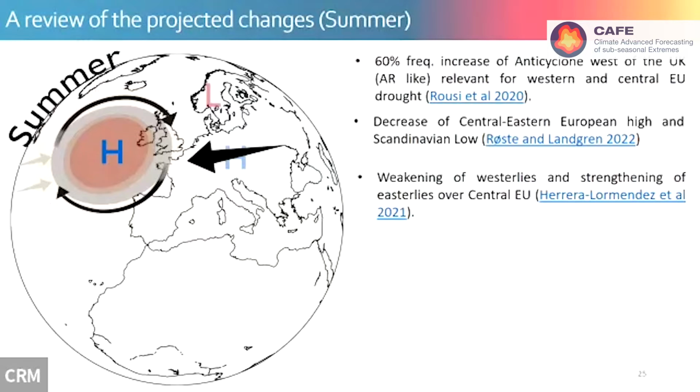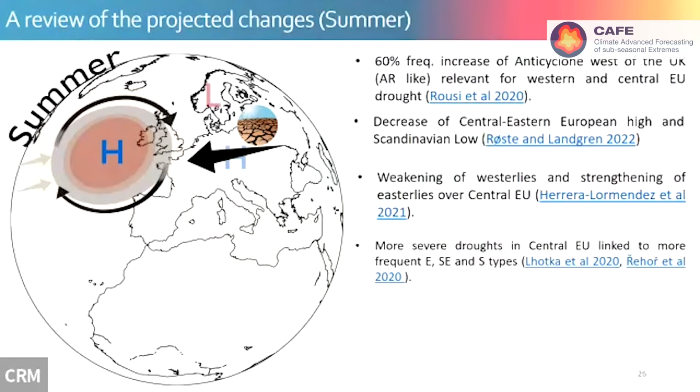What would happen in this case? Then now the air masses are bringing drier and warmer air from the inner continent during summer, which in theory would actually also increase the severity of droughts in Central Europe, which I mean, some of the links have been already found to these changes.